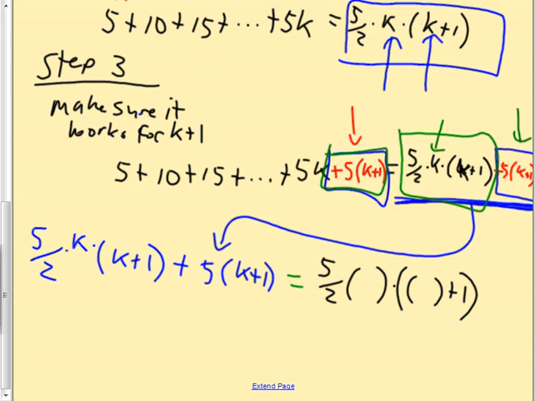Is if I had replaced the k's with k plus 1s. And that k right there with a k plus 1. So if I can make the left side equal the right side, then I have proven this.